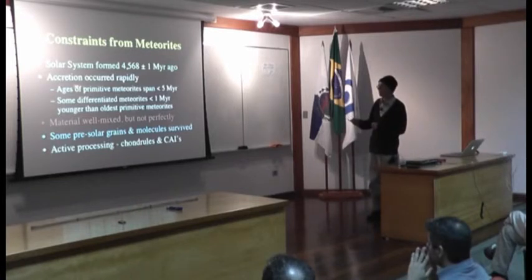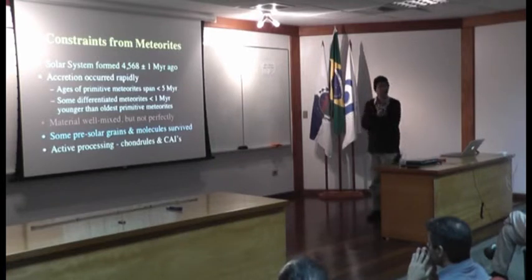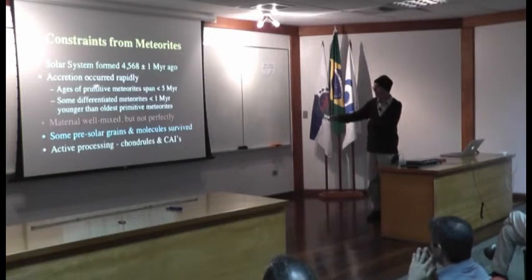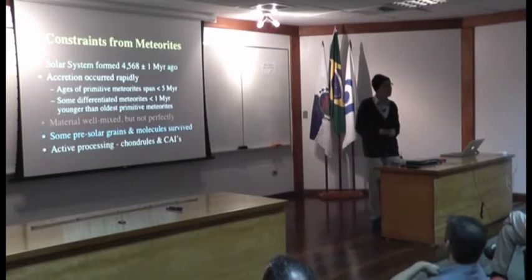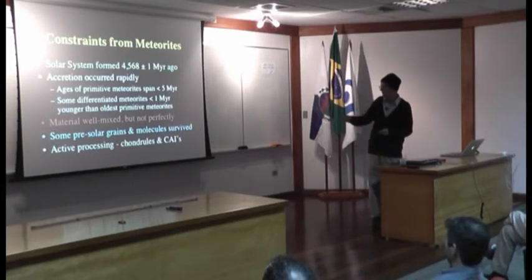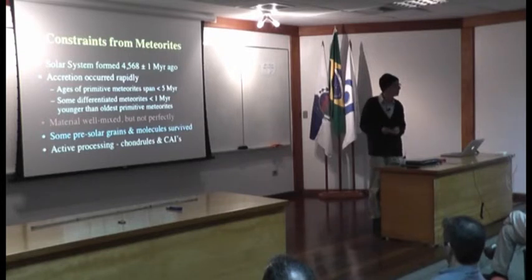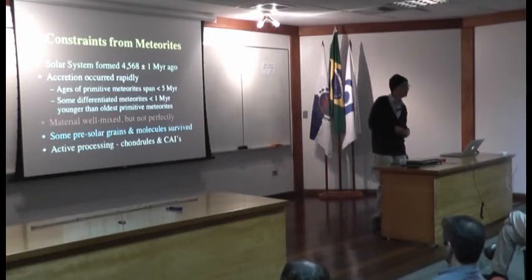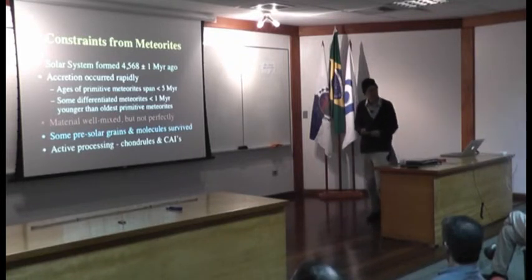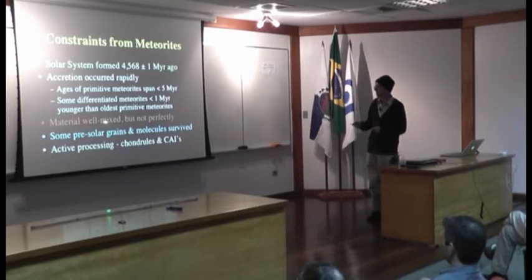Accretion occurred rapidly. This is 4,500 million years ago. In the primitive meteorites, we see some diversity in age, but it's less than 5 million years. So 0.1% of the age of the solar system, or less, was the epoch of growth of solid bodies.